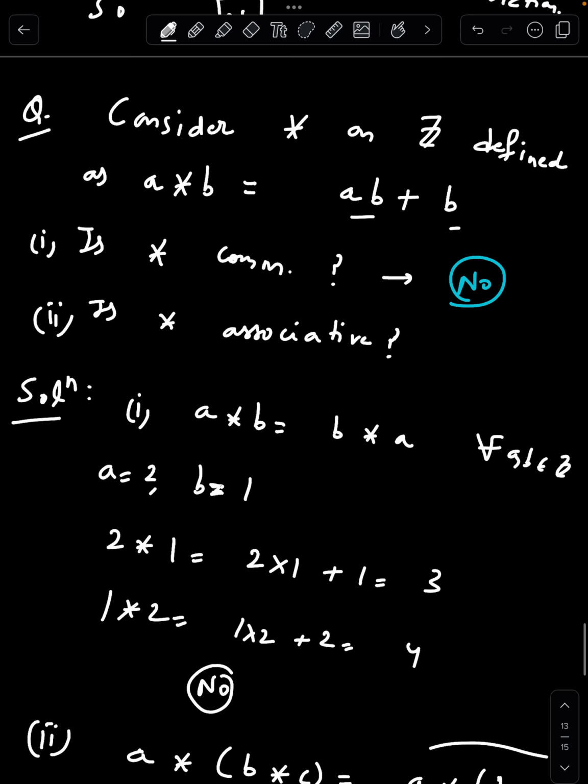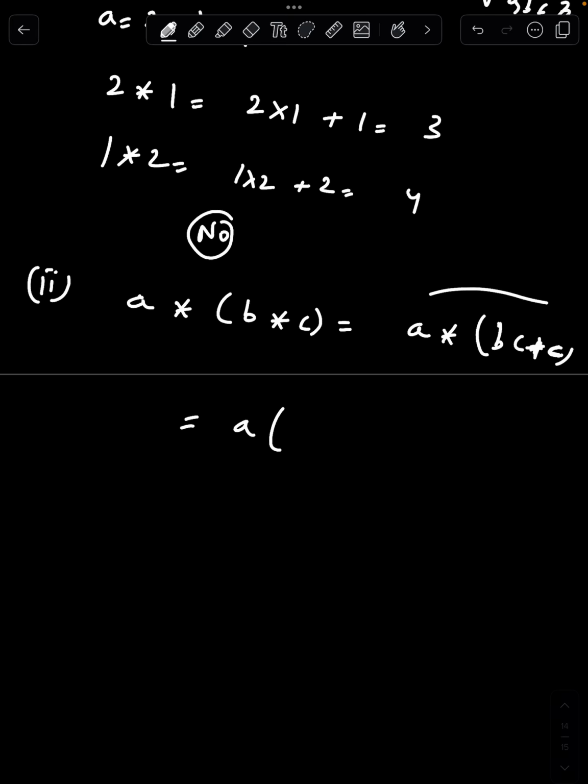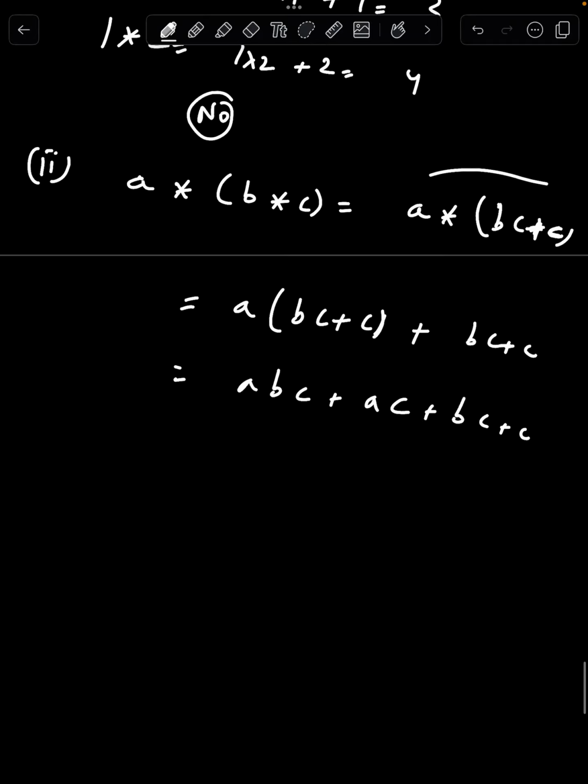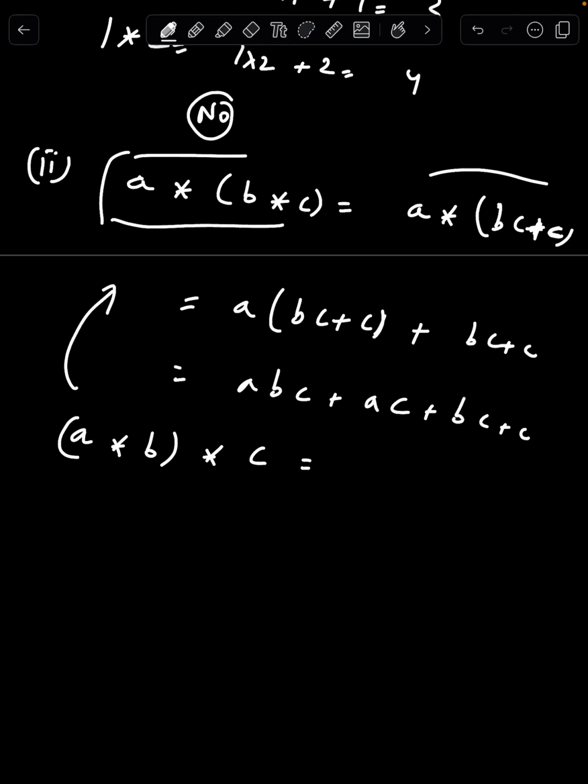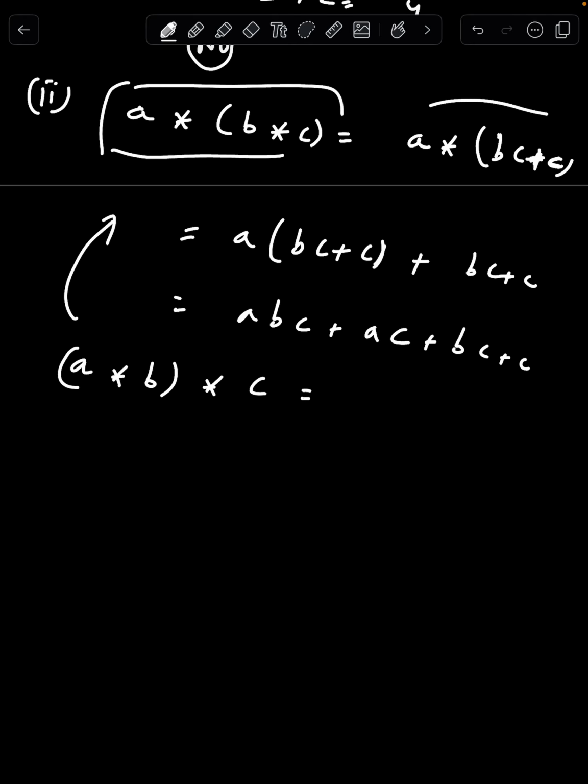Well, AB plus B, so A into (BC plus C) plus (BC plus C). And this gives us ABC plus AC plus BC plus C. Now calculate (A star B) star C and see if you're getting this expression or not. And tell me in the comments.